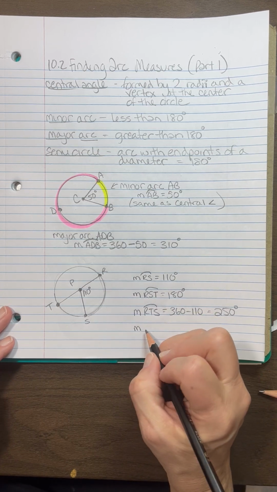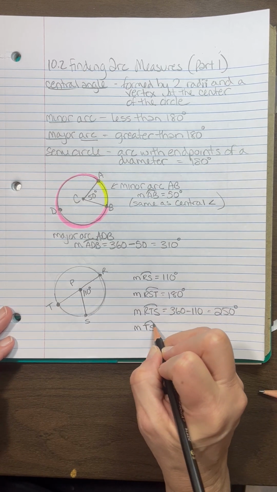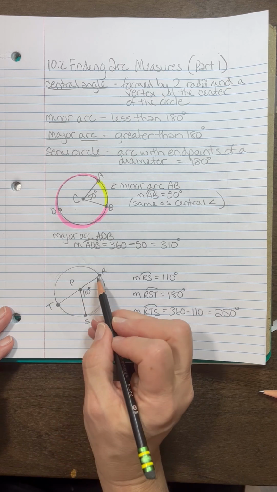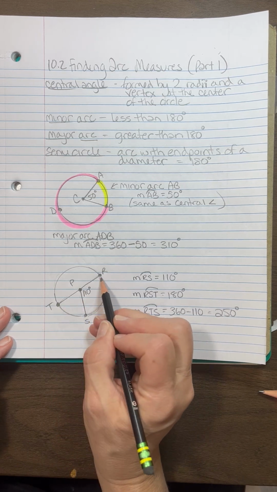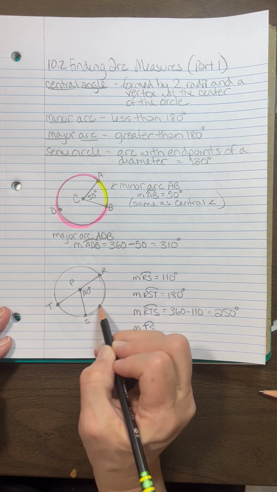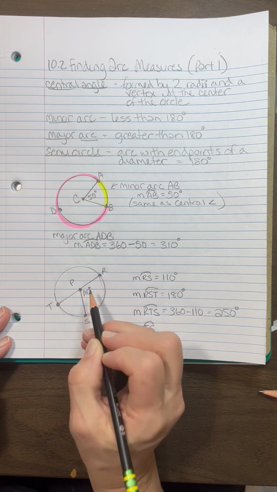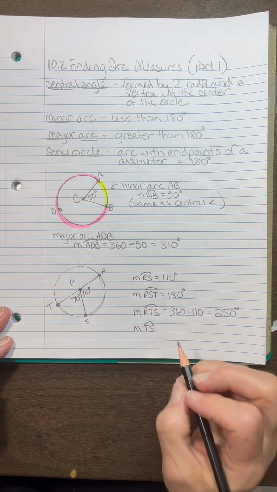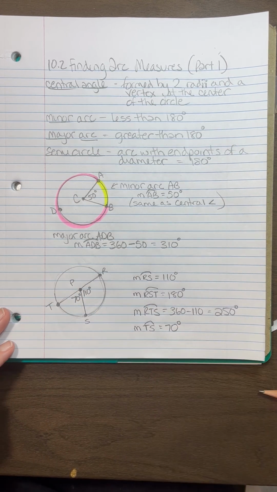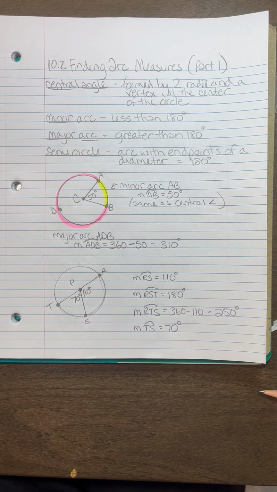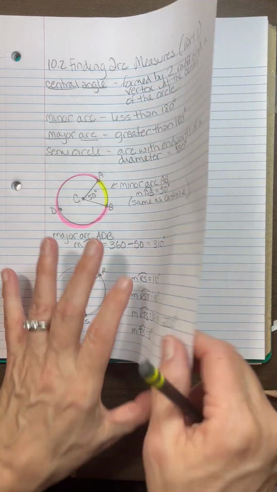And the measure of arc TS, well, this is a diameter, so this whole side had to be 180. If this is 110, then that has to be 70 degrees. All right.